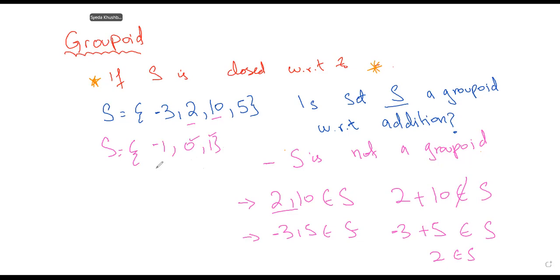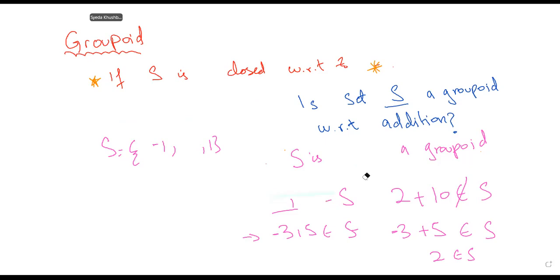So do you understand through this example as well that S is a groupoid? Why?